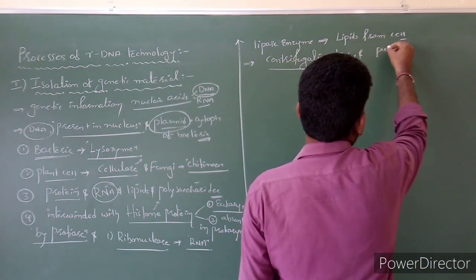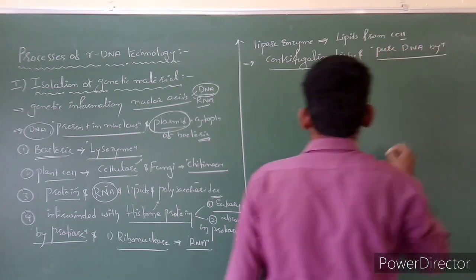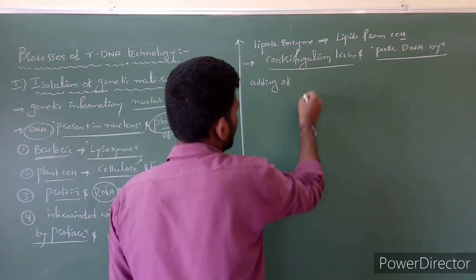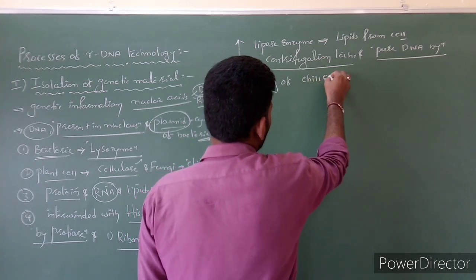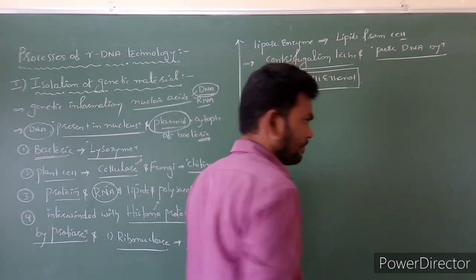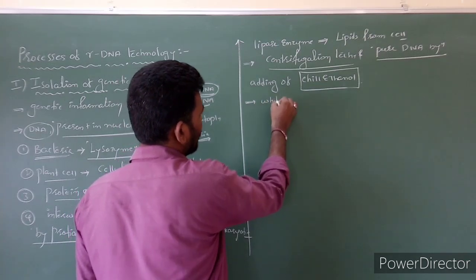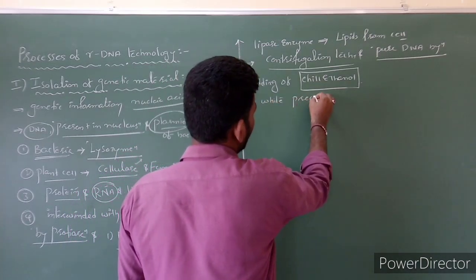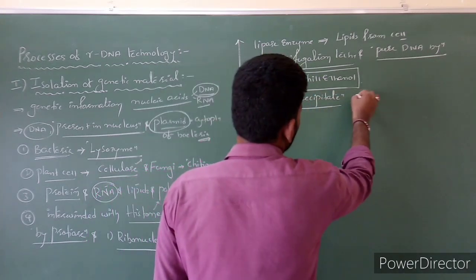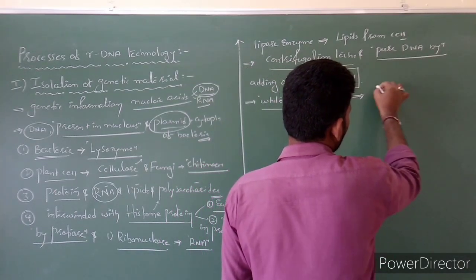Ultimately we can get the pure DNA by adding chilled ethanol. When we add chilled ethanol, a white precipitate is formed. So this white precipitate is nothing but pure DNA.